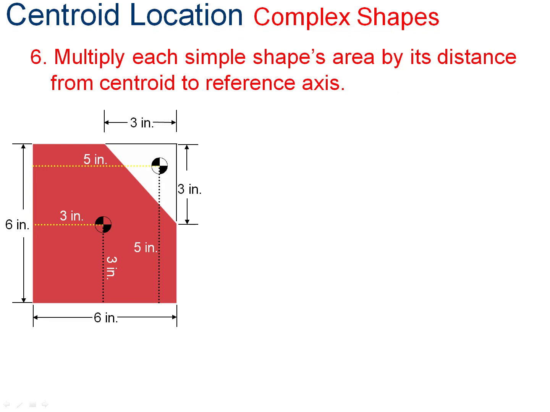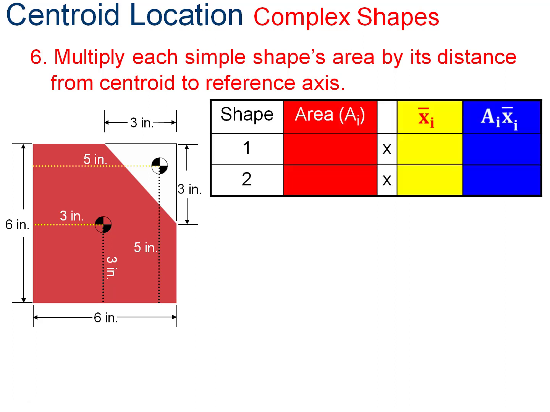We do the same idea. Multiply each simple shape area by its distance from the centroid. Same table. Area 1, 36 square inches. X1 is going to be 3 for 108 cubic inches. Now this is an important idea.